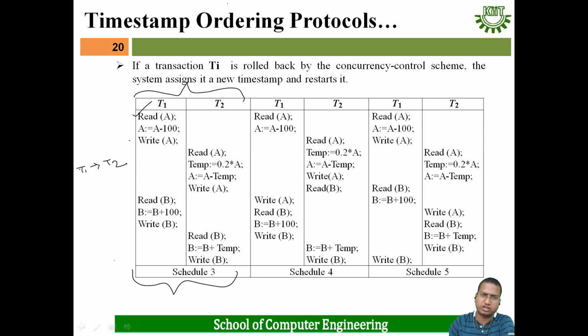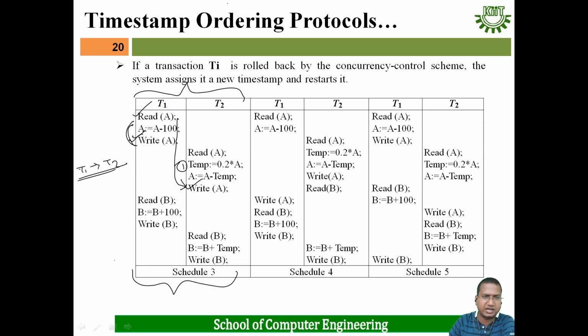But in a shortcut way, whenever there are conflicting operations, if the conflicting operations are not performed in the order of the transactions, then that will create a problem. In this case, we have to find the conflicting operations. Read A, write A, there will be no conflict between these. But this read A will conflict with write A; this is your first conflicting operation.